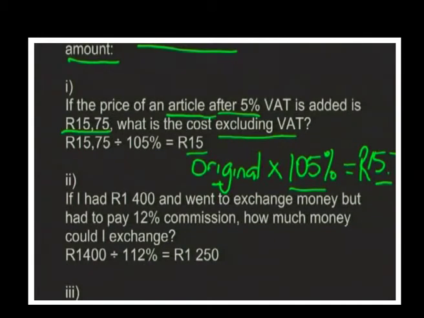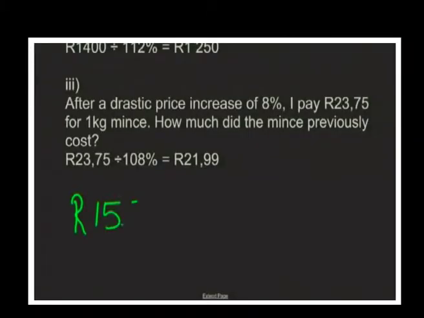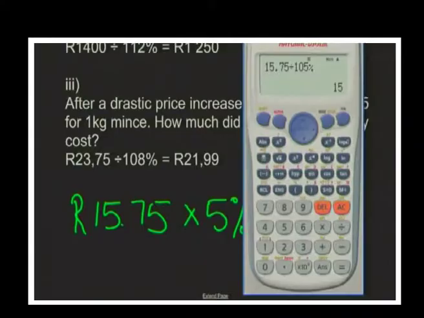I'm just going to find some more paper, because this is what you're going to tend to do, and I want to show you how this is wrong. You're going to read that question and you're going to say, well, it was 15 Rand 75 with VAT. So now I'm going to work out what the VAT was, and you're going to say 5%, and you're going to get a solution. Let's do that solution.